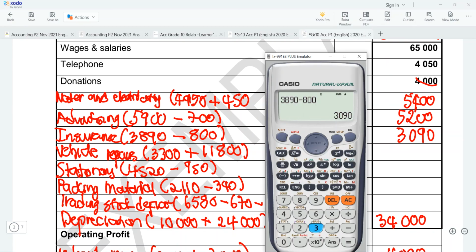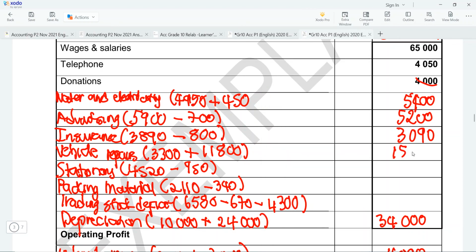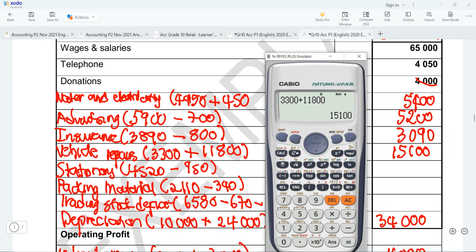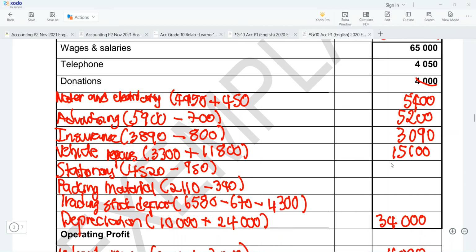So 3,300 plus 11,800 is going to give us 15,100. And this one, because you are correcting errors, will have many marks also. And then 4,520 minus 950. So 4,520 minus 950 is giving us 3,570.